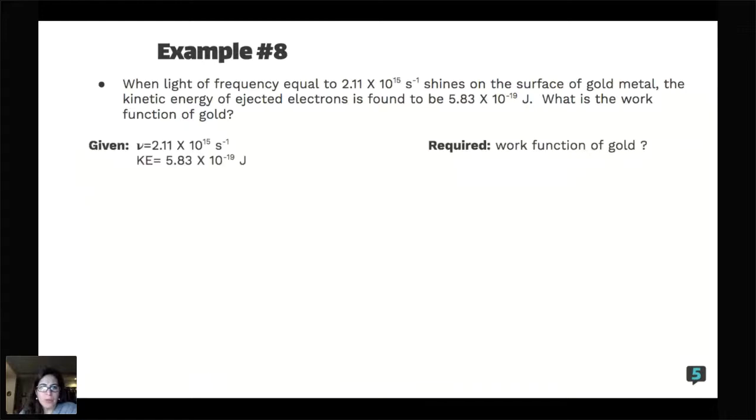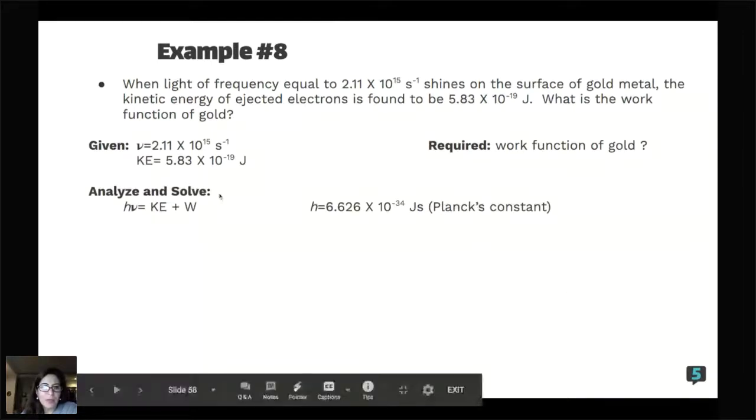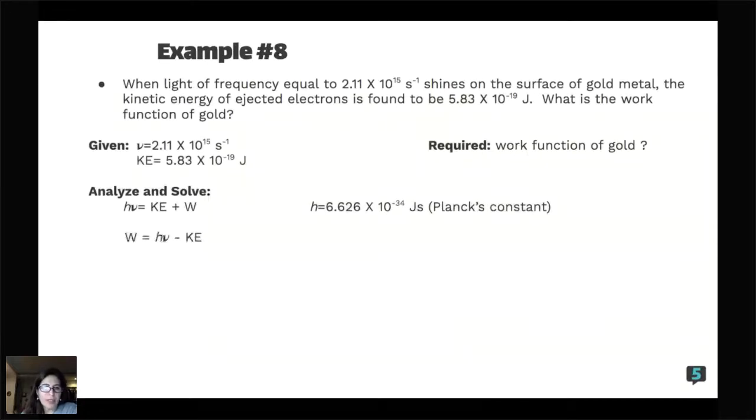So now, this is our given and required. Now we're going to use this formula, and we're going to solve for work. The work will be Planck's constant times frequency minus the kinetic energy.